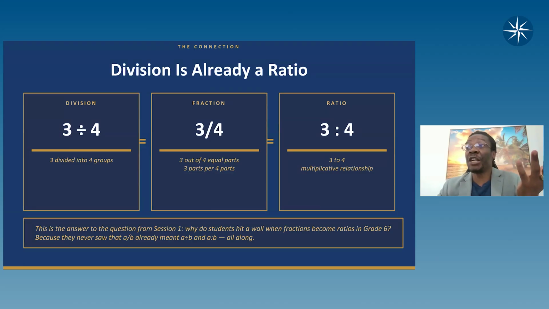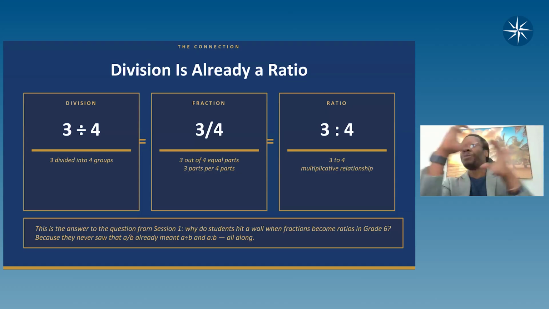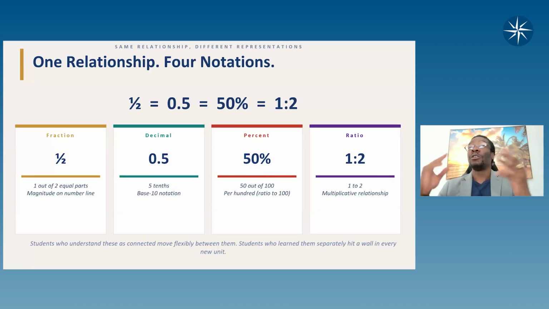And we know that division is already a ratio. We could write division as 3 divided by 4, 3 over 4, or 3 to 4. So now we are moving into ratios. So we are showing the connection from division to ratios. One relationship, different ways of representing it. A fraction, a half, is written as 0.5. As a percentage, it's 50%.